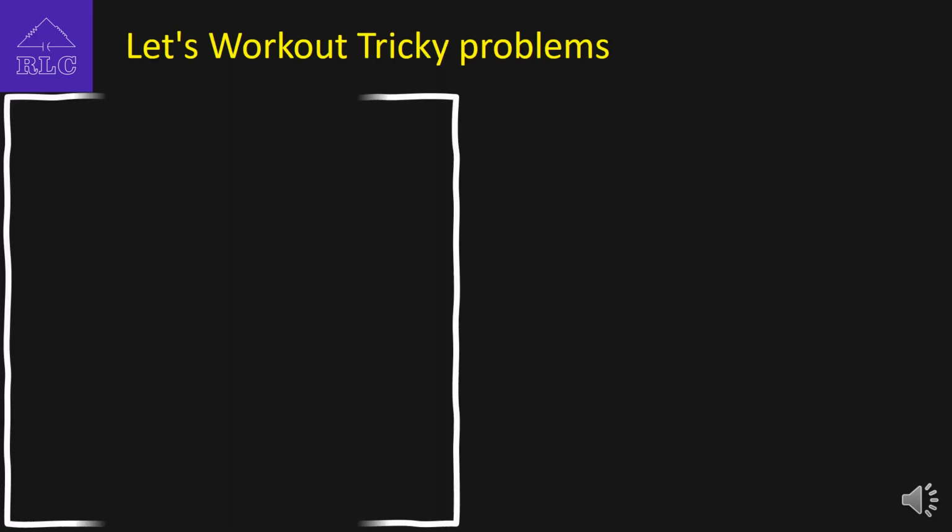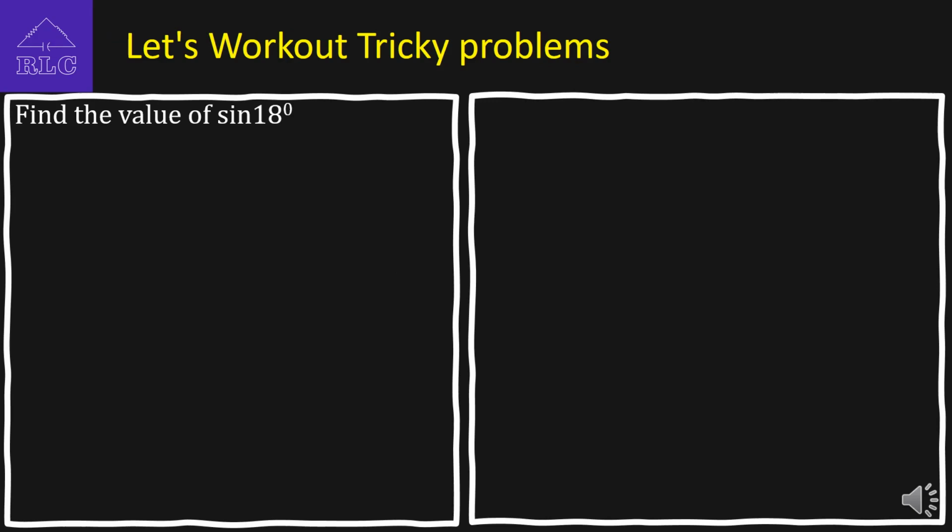Now let us find the value of sin 18 degrees. Initially I will take theta equal to 18 degrees. If you multiply by 5 on both sides, you will get 5 theta equal to 90 degrees. I will split this 5 theta into two parts, that is 2 theta plus 3 theta is equal to 90 degrees.